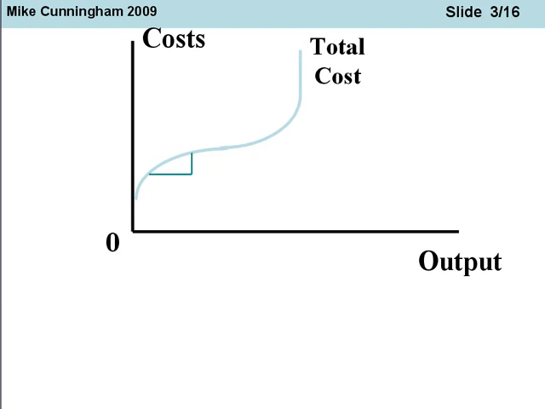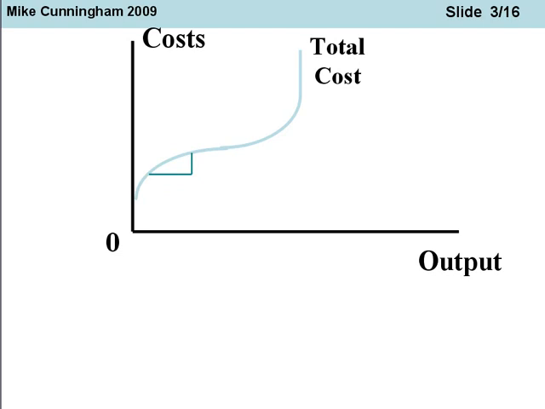Okay, let's take a small change in output here. That means we have a small change in costs. Now, a change in costs divided by a change in output will measure our marginal cost. So this vertical distance divided by the horizontal distance will show us our marginal cost.